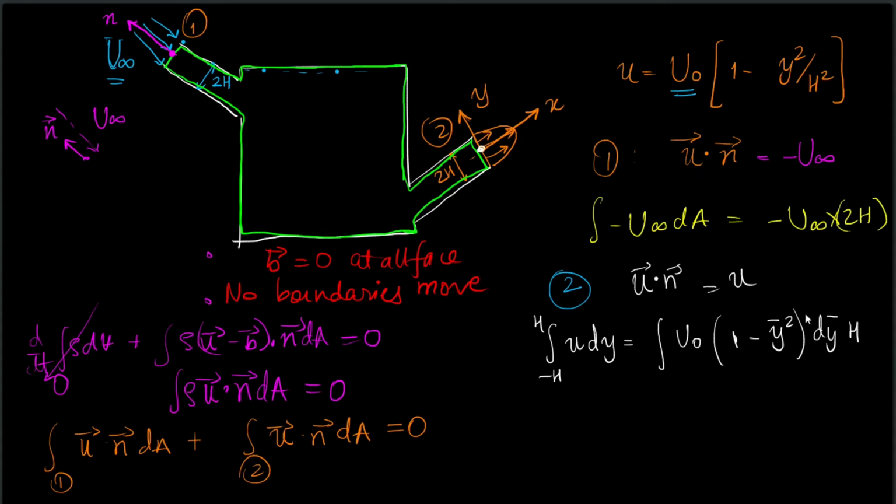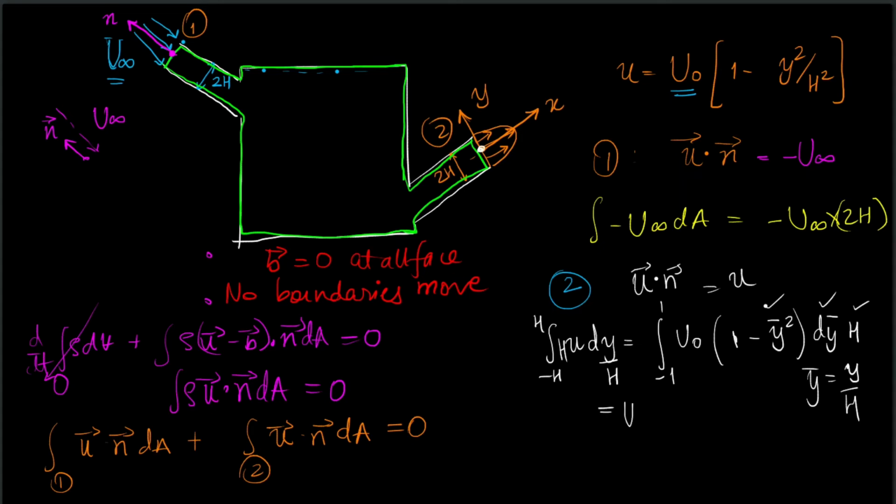So essentially in this integral I am dividing by h and multiplying by h. So this h appears over here, and I am letting y bar be a new variable, y upon h. So this velocity profile becomes 1 minus y bar squared, and this dy upon h becomes dy bar, and the integration will be from minus 1 to 1.